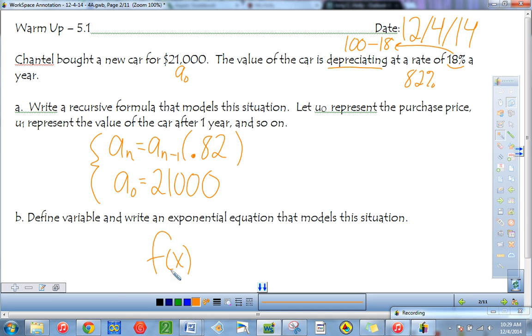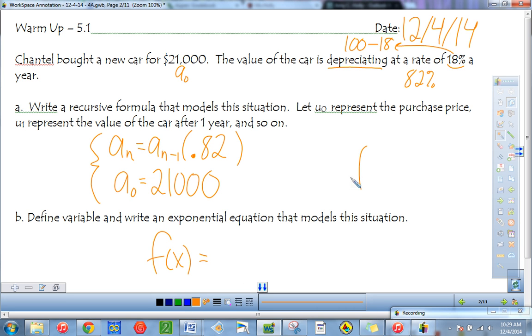And we want to define the variables. Does anybody know from last night? A parentheses and then n. What does A stand for, though?